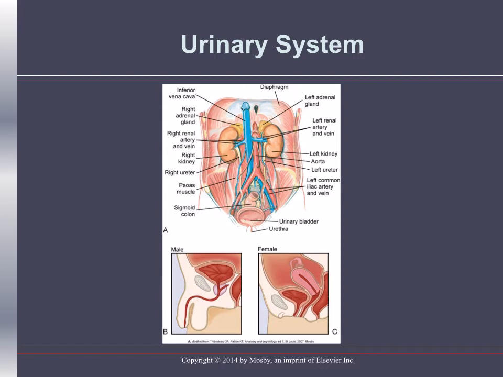Apart from that, the kidney also functions as a regulator of our blood pressure. It also produces erythropoietin, activates vitamin D, and regulates acid-base balance. So the kidney has multiple functions, and all these functions are vital for our body.